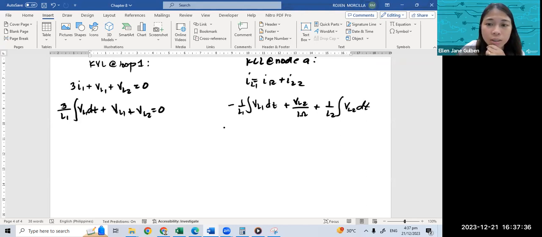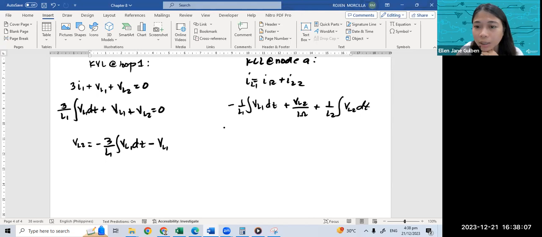So this one right here, let's remove the, we get a VL2 right here now. VL2 is equal to negative 3 L1 integral of VL1 dt minus VL1.